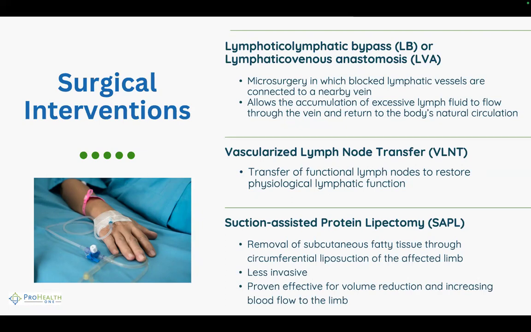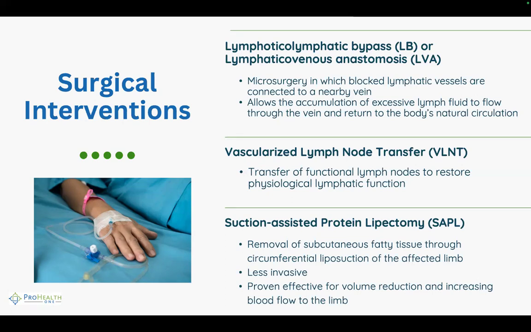You just get the lymph fluid to flow into a vein and get back to the body's circulation that way. Other surgeries that can be done: you could do a vascularized lymph node transfer, which is basically taking a functional lymph node from one part of the body and putting it in a dysfunctional part to restore some of the typical function and help with drainage. And then there's a suction-assisted protein lipectomy procedure.